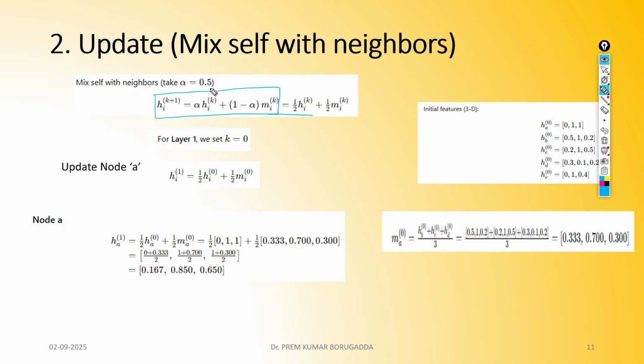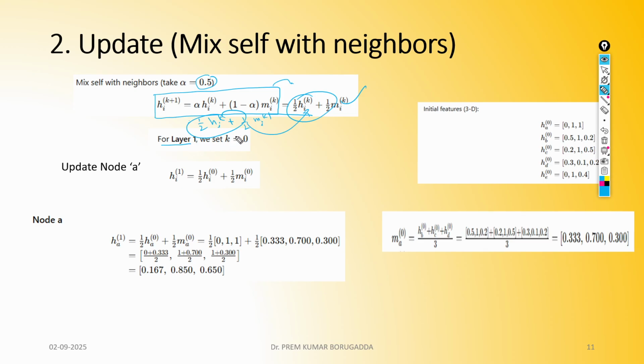Here alpha, I suppose to choose 0.5 as a hyperparameter. So the same formula can be written like this: alpha means 0.5, which is 1 by 2 hi of k plus 1 minus 0.5 means 0.5, that's 1 by 2 mi of k. Both are the same.